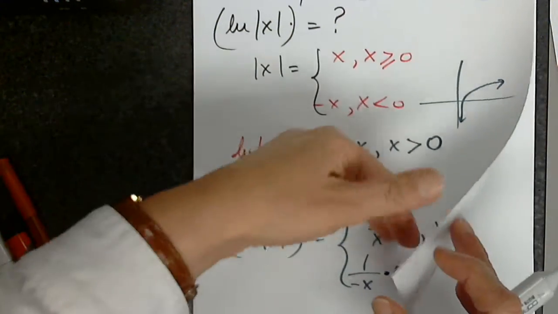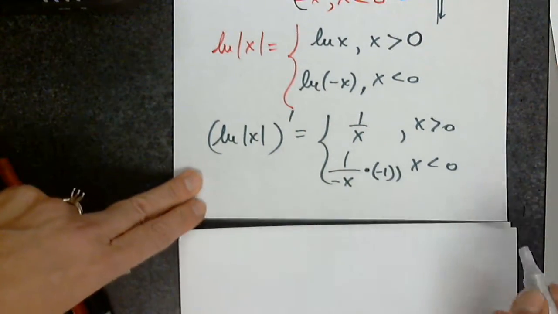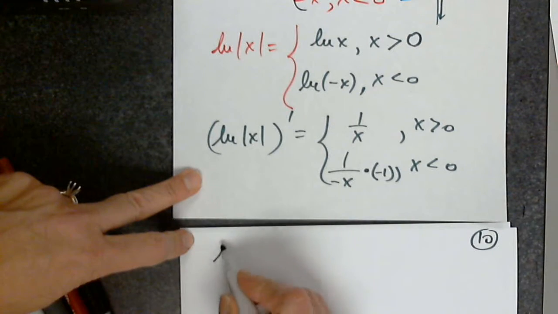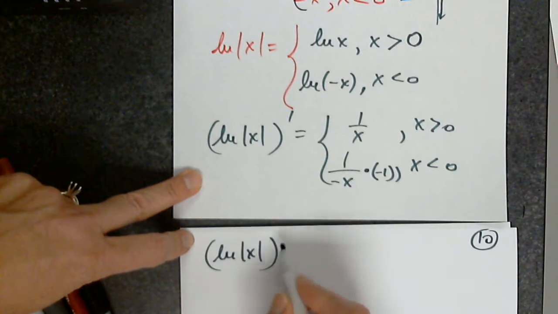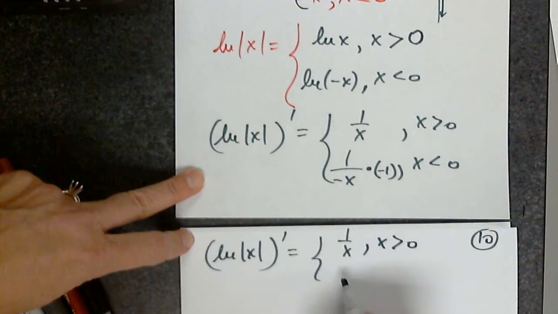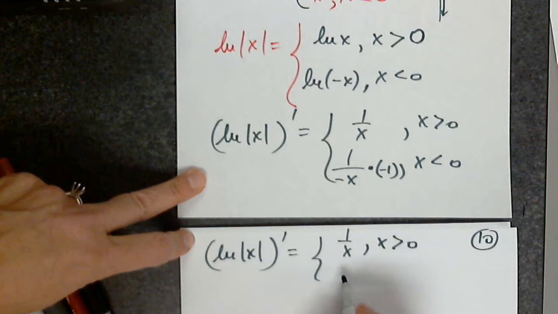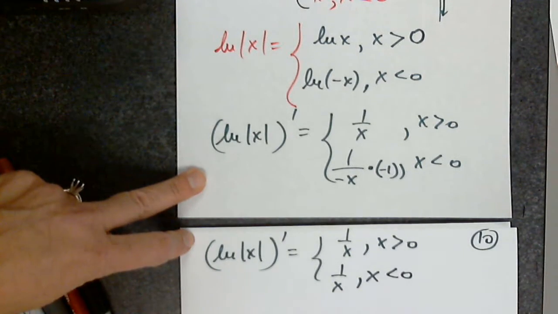Perfect. So then, what will you say? Look carefully and simplify this for me. I'm going to write it again. So natural log of the absolute value of x, prime, is 1 over x for x positive, and is what? Exactly, for x less than 0.